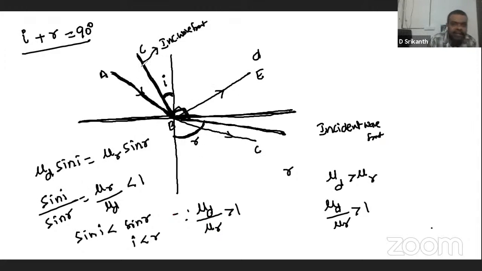Then we will see the incident wavefront and reflected wavefront only. By applying Snell's law, we can say that the angle of incidence is equal to the angle of reflection.